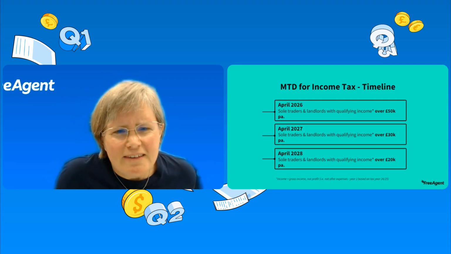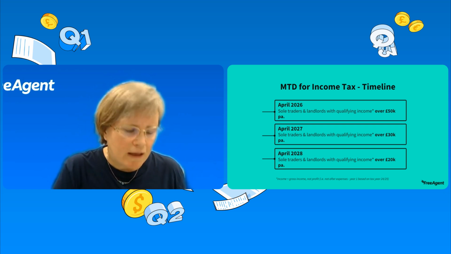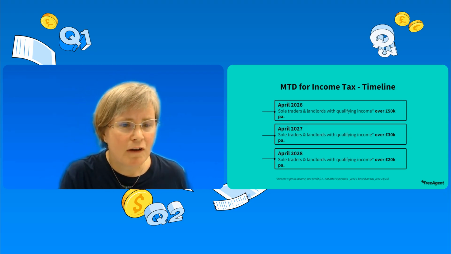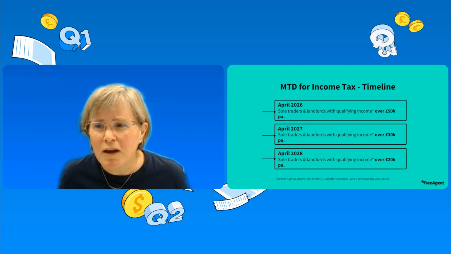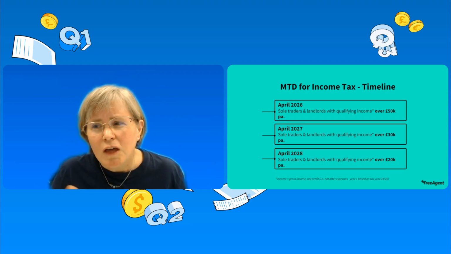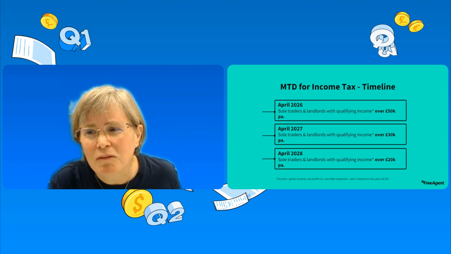So when is this new framework for making tax digital for income tax actually coming in? As from the 6th of April next year, if you are a sole trader and or you are a landlord where you own property in your own name, you might possibly own it jointly with a spouse or relative, but you own property in your own name, you don't have a limited company that owns the property.